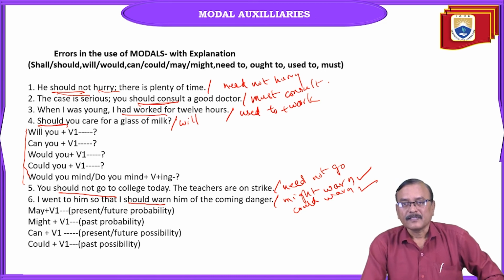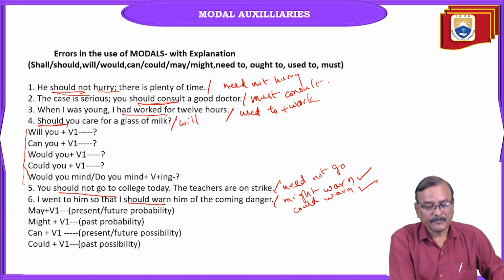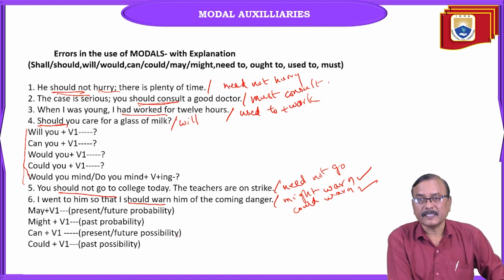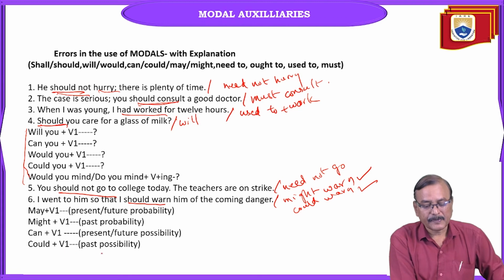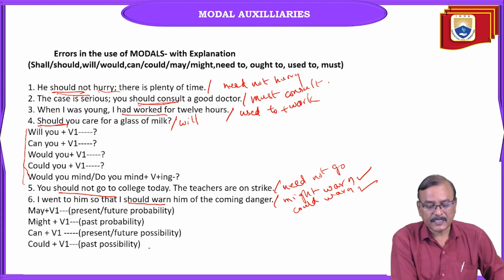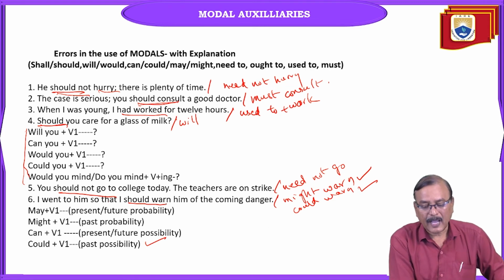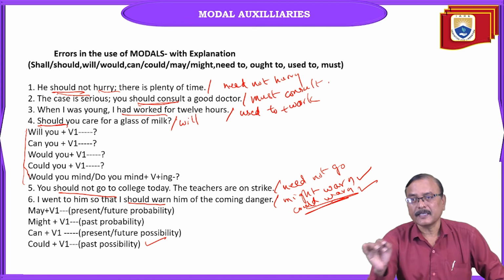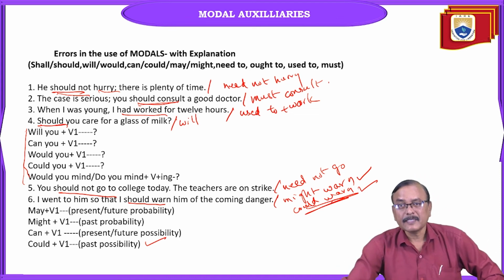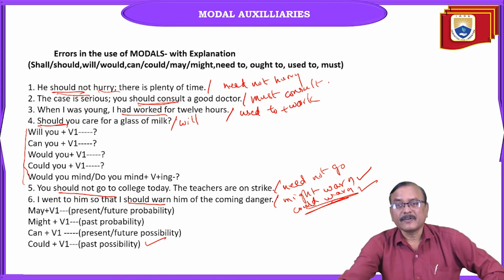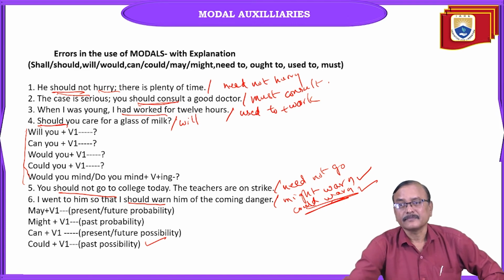Okay. So, here might plus V1 is present or future probability. Might plus V1 is past probability. Can plus V1 is present or future possibility. Could plus V1 is past possibility. If you think this is okay, past possibility, I went to him so that I could. Even you can select this could also, because possibility was there. I could warn him. Is it clear? Right?